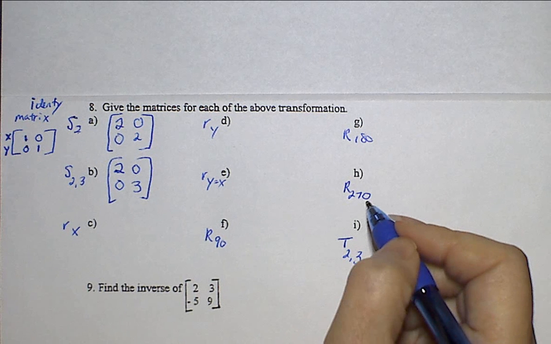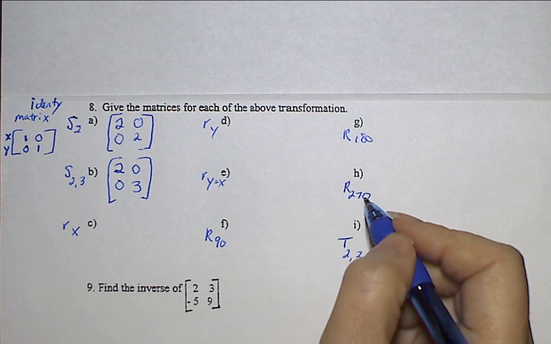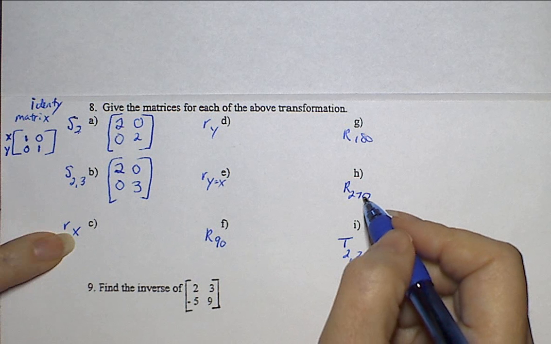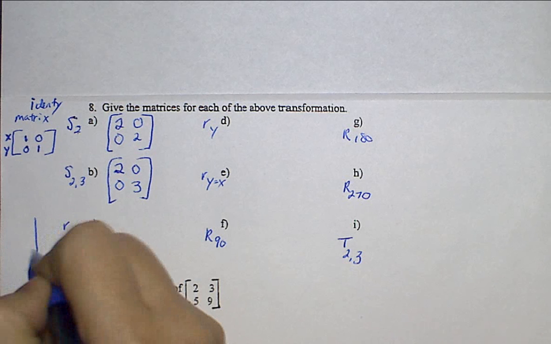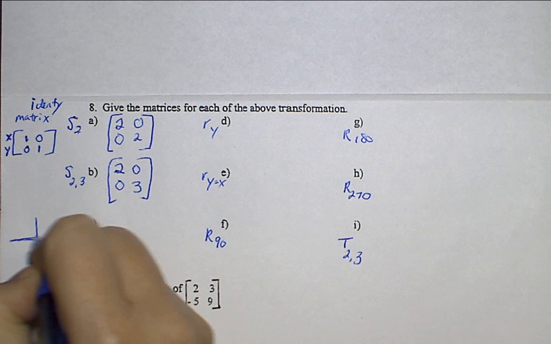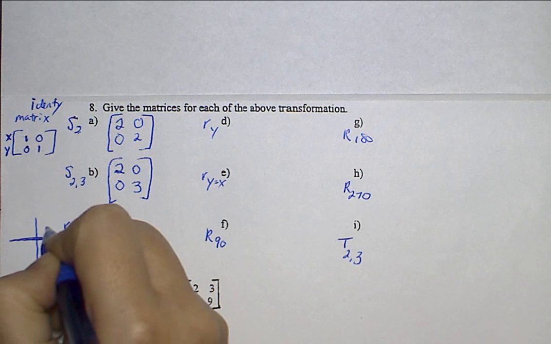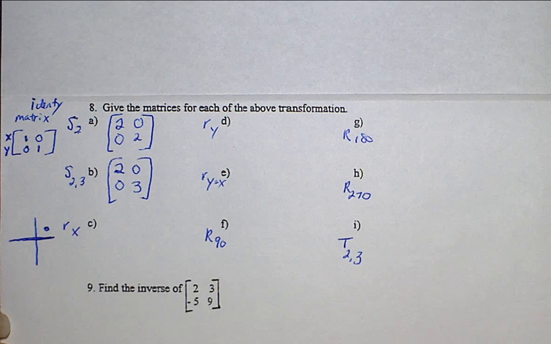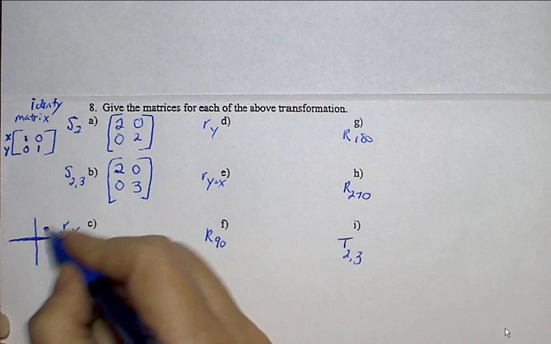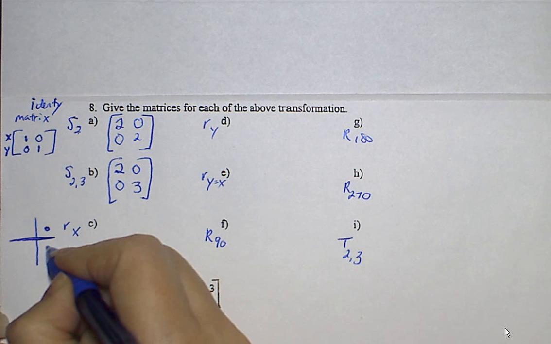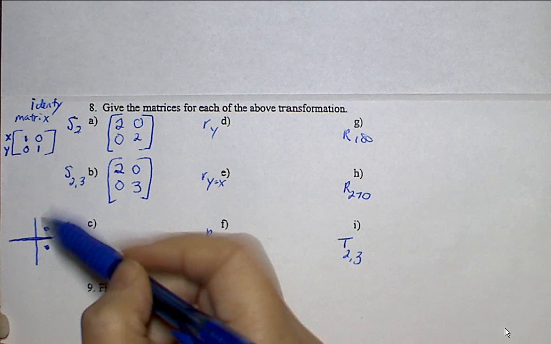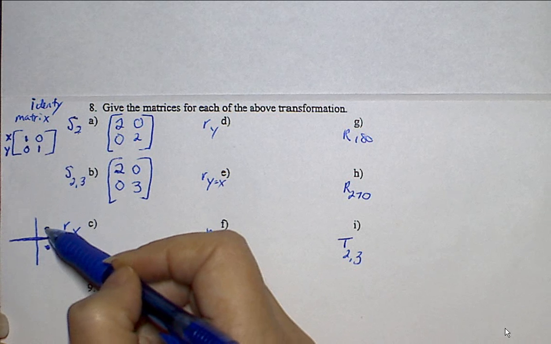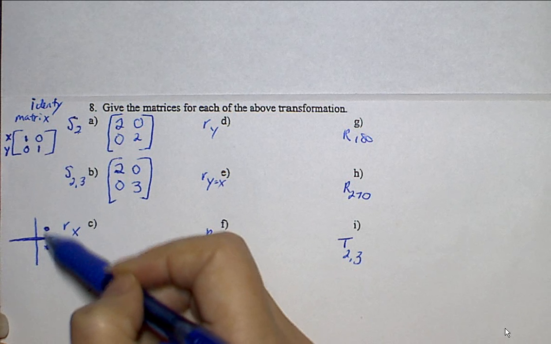Now we have C, which is your reflection over the x-axis. So remember, when you are reflecting over the x-axis, what happens? If I have a point here and I'm reflecting it over my x-axis, what happens to my x and y? My x's stay the same, but my y's go negative.